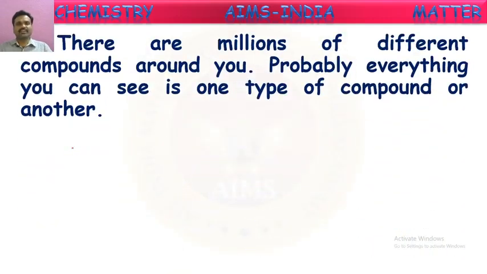There are millions of different compounds around you. Yes, the number of elements is limited or fixed presently. It is 118 elements so far. From these 118 elements only, elements are combined in different ratios with different elements, forming numerous compounds.